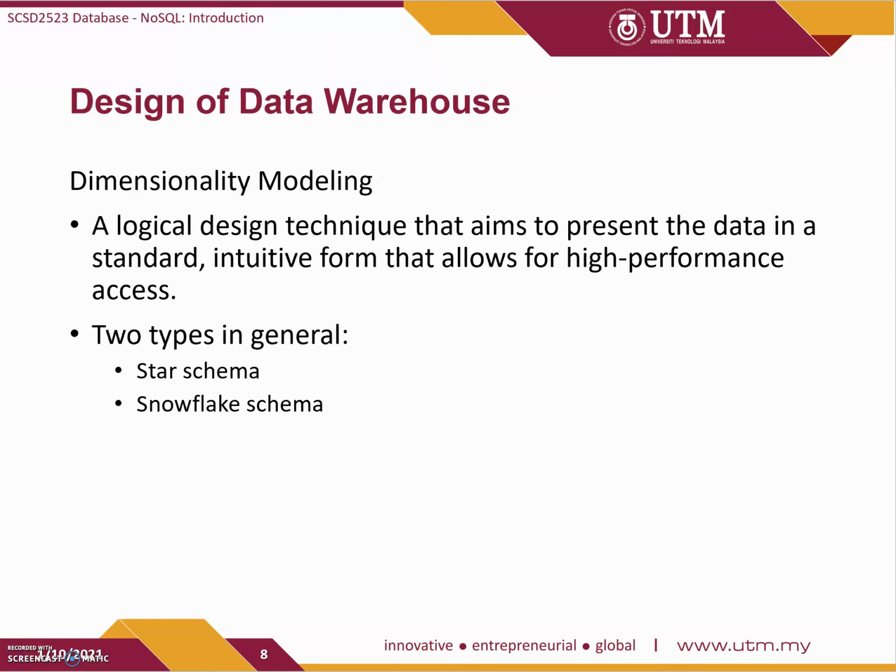In terms of the design of a data warehouse, firstly you have to consider dimensionality modeling. It is a logical design technique that aims to present the data in a standard, intuitive form that allows for high performance access. Basically there are two types: firstly the star schema, and also the snowflake schema.